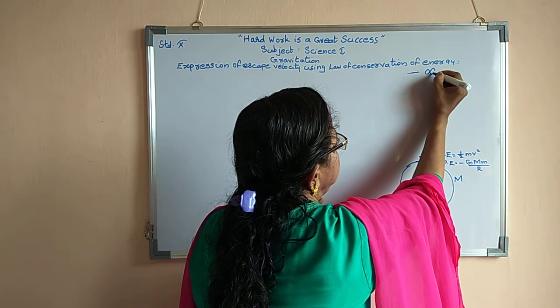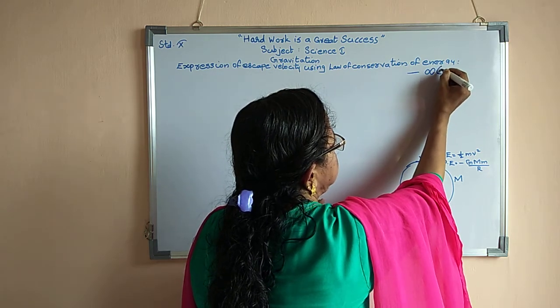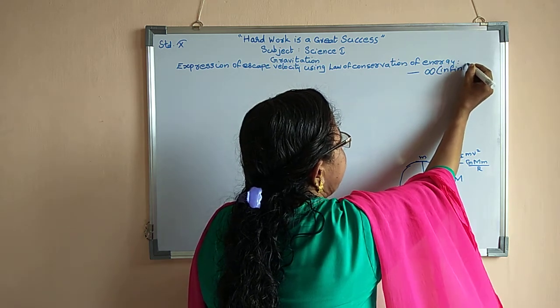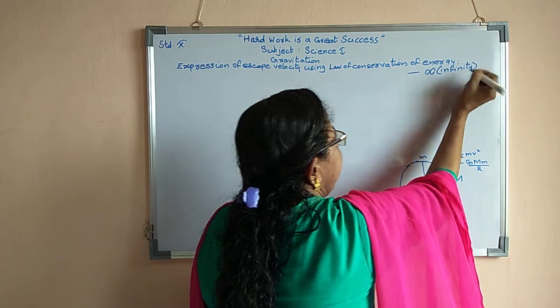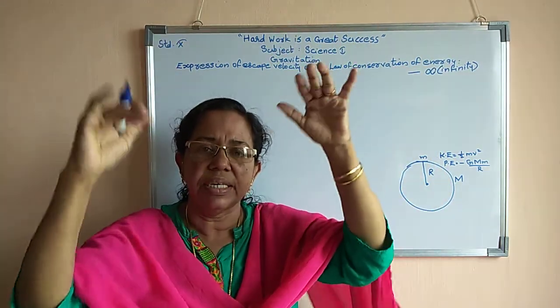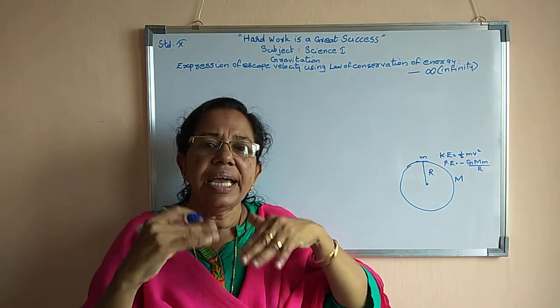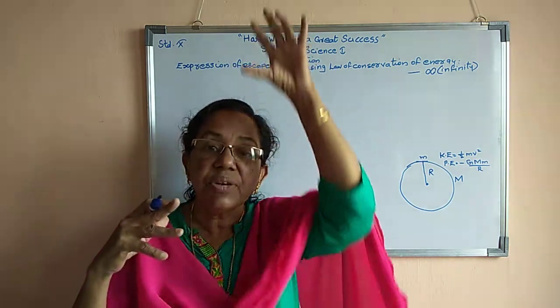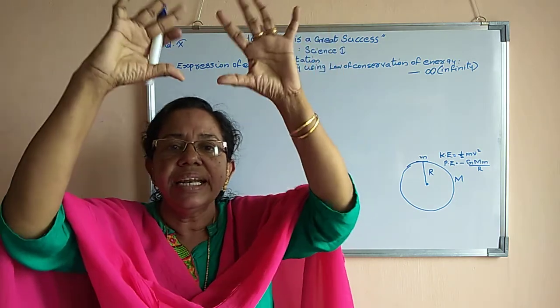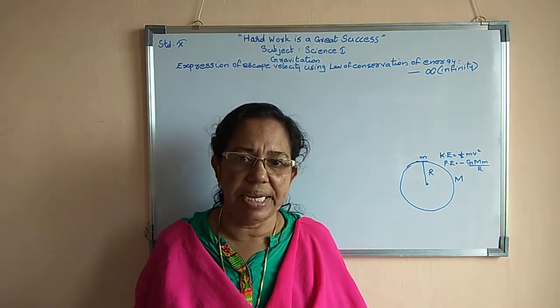This is the symbol of infinity. Infinity means an undefined area. That means we don't know where it is, how much distance it is. So it is infinity, a very high region, that we cannot define.